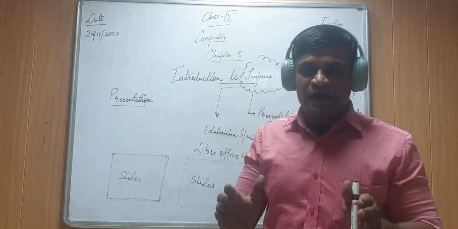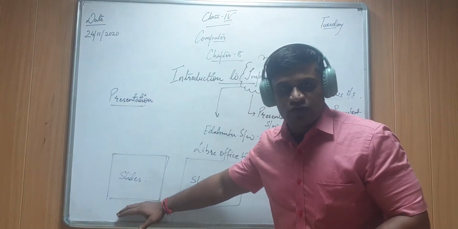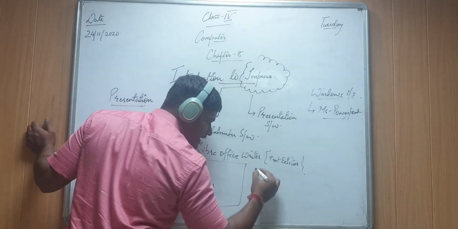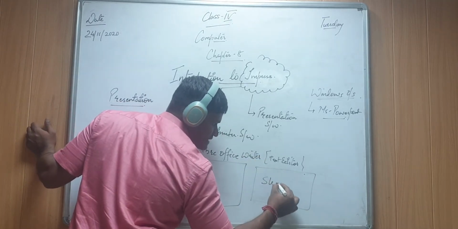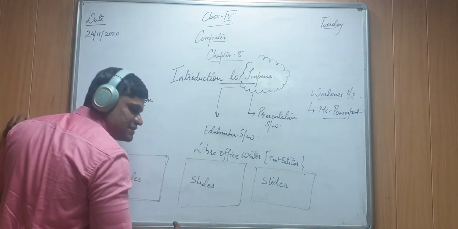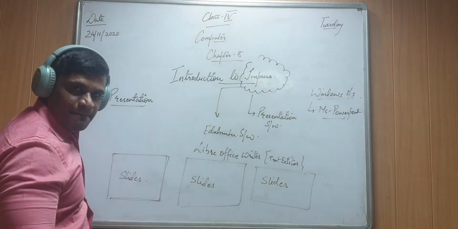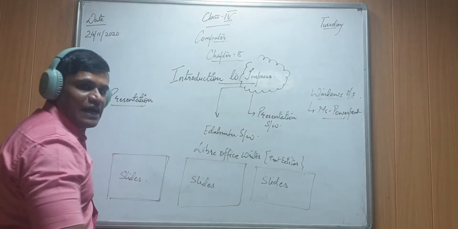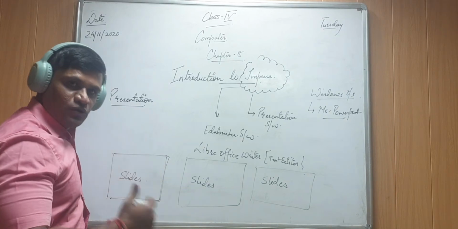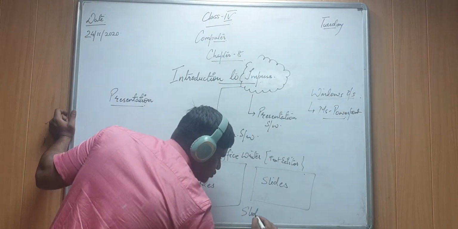An individual page on which the contents are displayed is known as a slide, and the collection of such slides, formed on a common topic, when run together or presented together in a series, is known as a slide show.